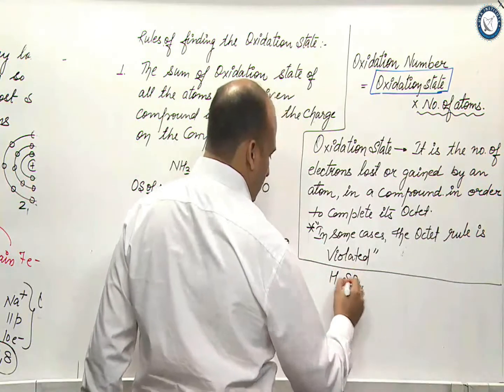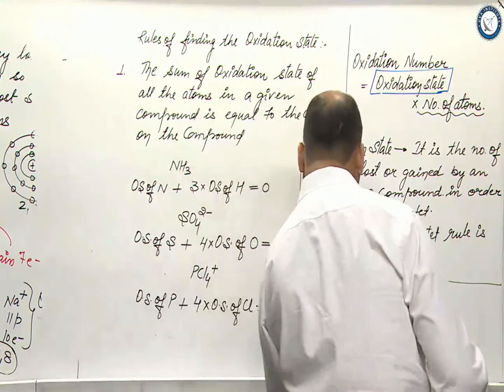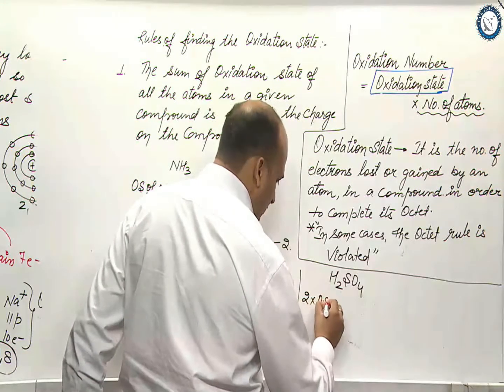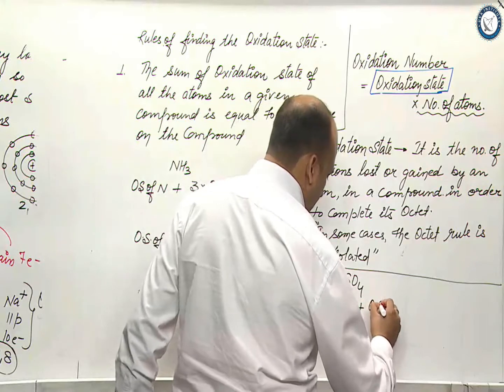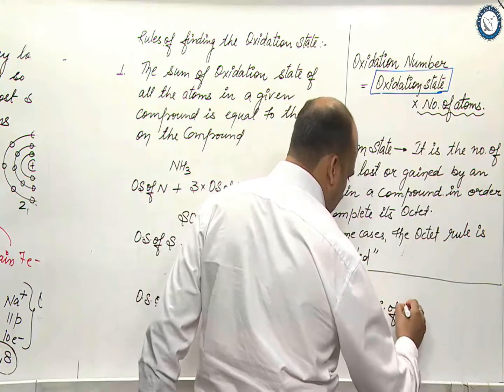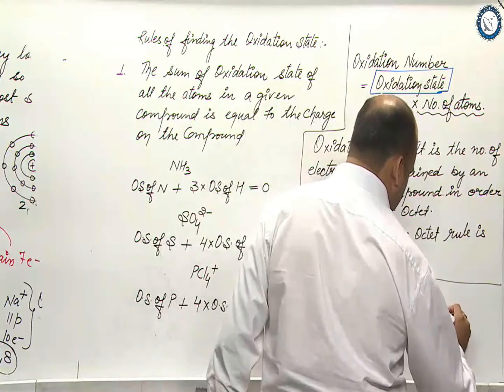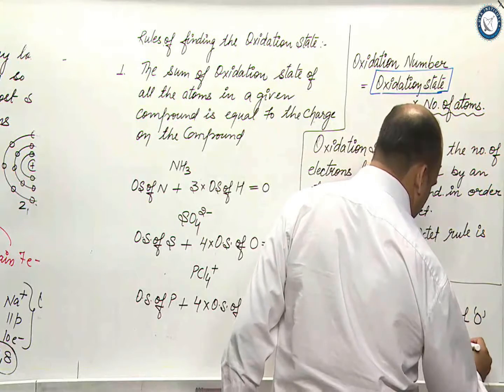H2SO4, you will say oxidation state of 2 into oxidation state of hydrogen plus oxidation state of sulfur plus 4 into oxidation state of oxygen is equal to 0.